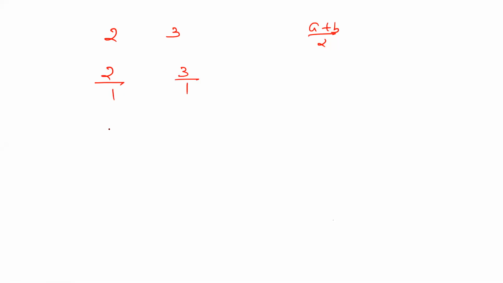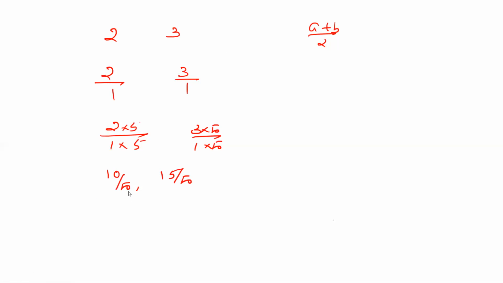Now suppose you want 4 rational numbers. You multiply by 5: 2 into 5 by 1 into 5, and 3 into 5 by 1 into 5. So 2 into 5 is 10, giving 10 by 5 and 15 by 5.